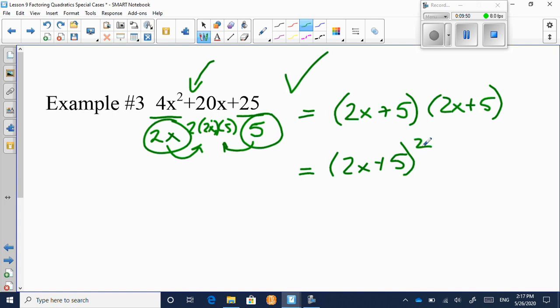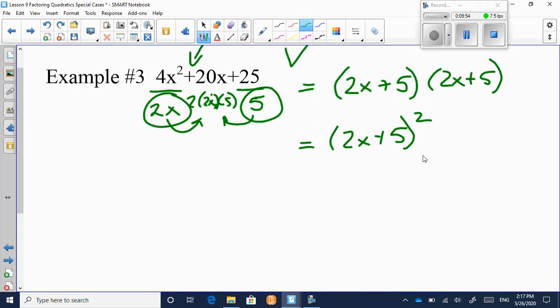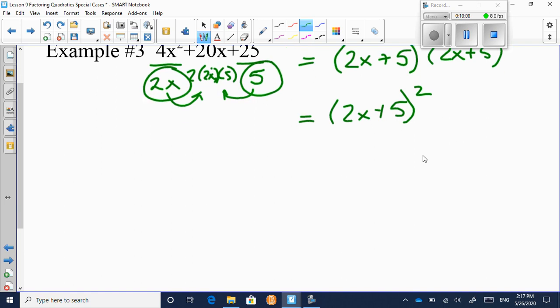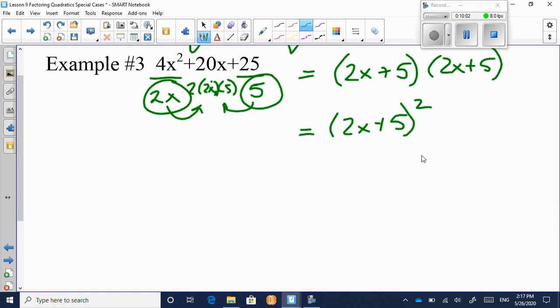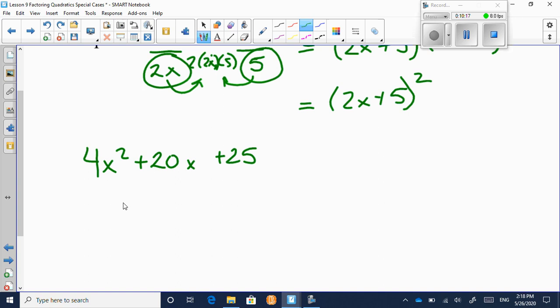Now, one thing I wanted to show you is that even if you didn't catch it and you had done it as a complex trinomial, you'd get the same answer. I'll just show you this. Let's say you were doing 4x squared plus 20x plus 25, and you didn't recognize that the first term and the last term were perfect squares. In other words, they both have even square roots.